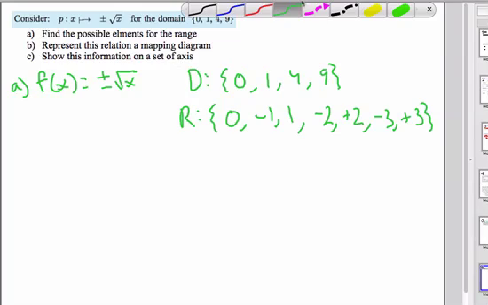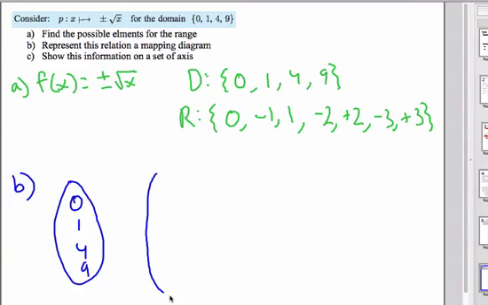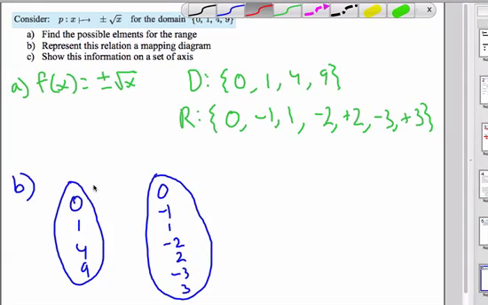So let's see what the mapping diagram looks like. In the mapping diagram, you've got 0, 1, 4, 9. And your range is going to be a bit bigger, so let me draw that a little bigger to make some room. So we have 0, negative 1, 1, negative 2, 2, negative 3, 3, and then I'm going to do the mapping part.